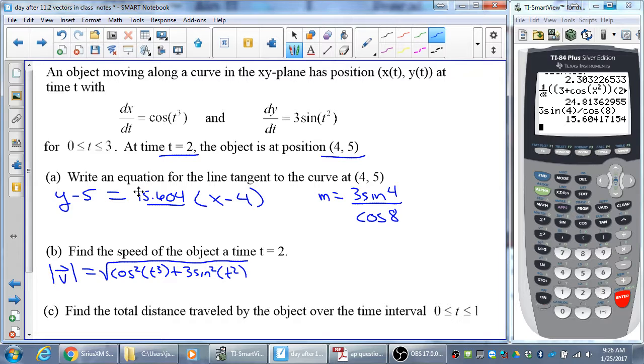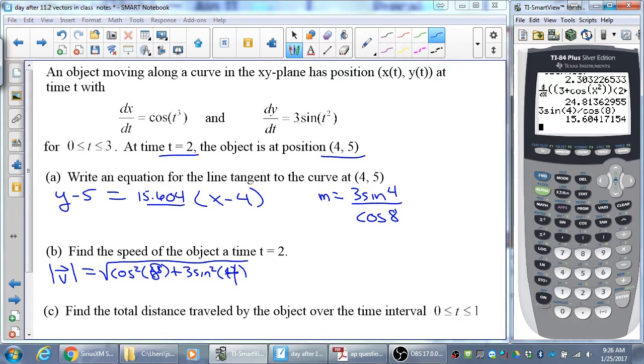I guess I could have put 8 here and 4 there, because we're plugging 2 in. Square root of parentheses, I need cosine of 8 squared plus 3 sine of 4 squared. 2.275.